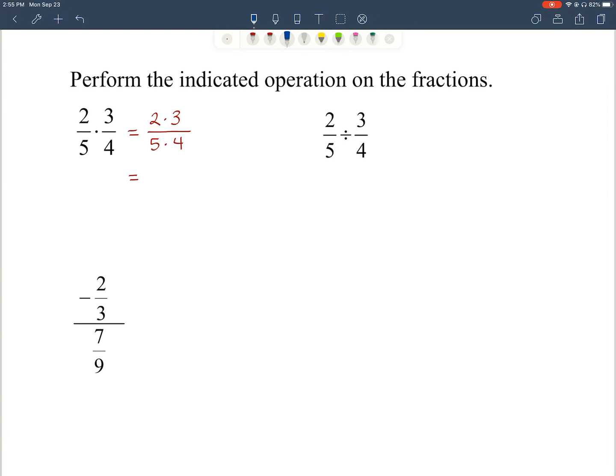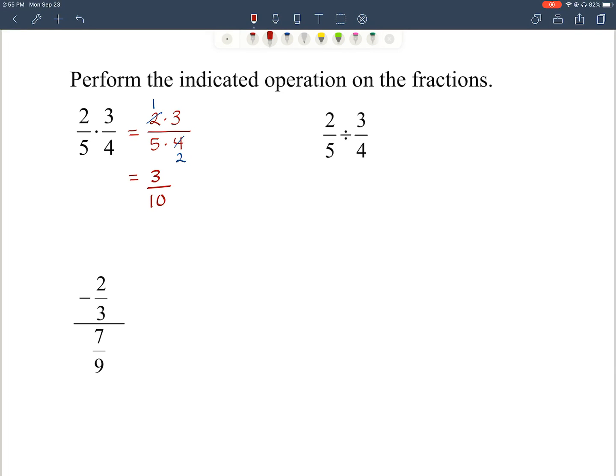Now, some people like to do it this way instead. Instead of rewriting 4 as 2 times 2, they understand that 2 goes into 2 one time and 2 goes into 4 twice, and they'll rewrite it like that and then multiply it. So they'll say here that 1 times 3 is 3, and 5 times 2 is 10. So 3/10 would be our answer there.